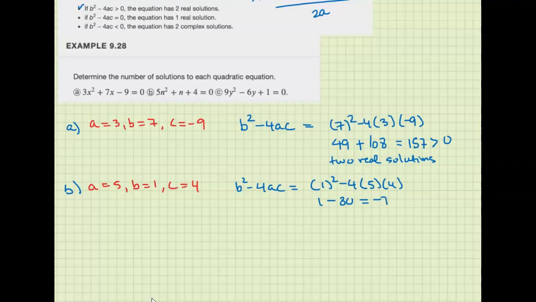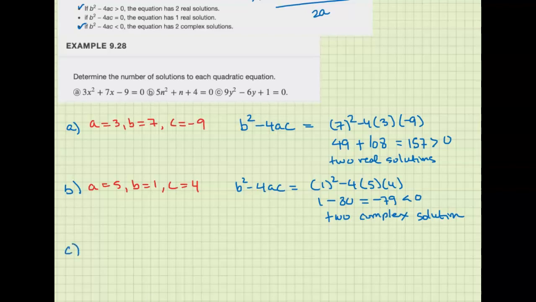This gives me negative 79. All right, so this is negative. So it falls in this category. So that equation has two complex solutions. You're going to have i's in your solution.